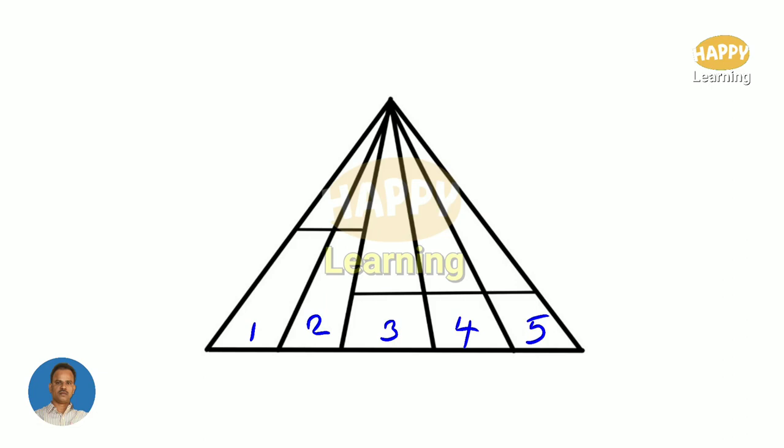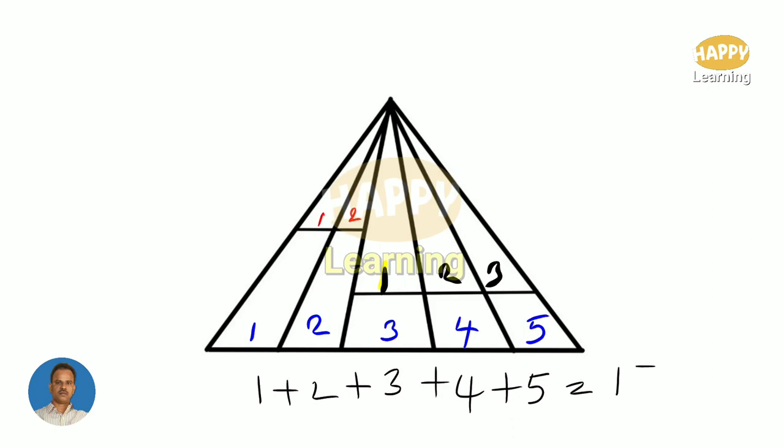Then we have different triangles here, 1, 2, and then we have different triangles here, 1, 2, 3. Okay, right. Then let us calculate the total number of triangles. Based on these 5, we get 1 plus 2 plus 3 plus 4 plus 5 is equal to 15.